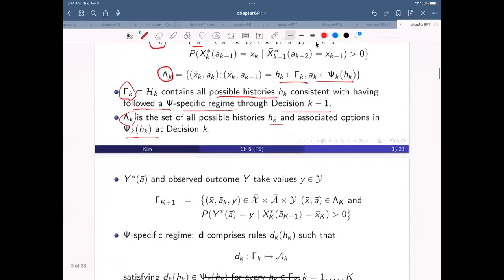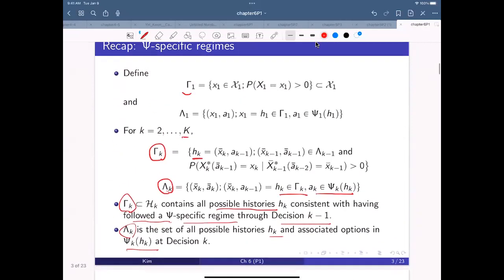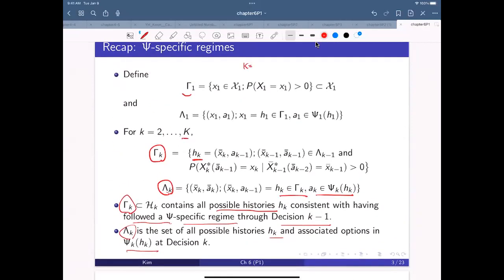For k equal 1, we choose A1, and that determines X2. So A1 determines what you observe in X2, right?